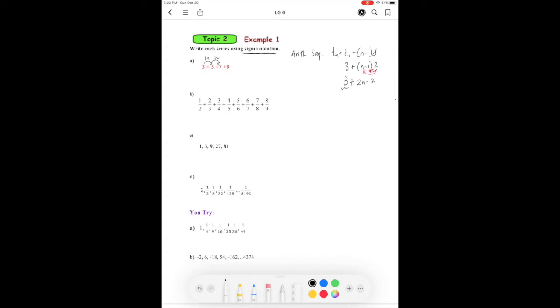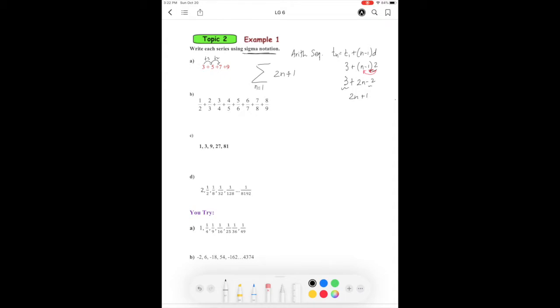All right, so we get 3 plus 2n minus 2. And so these guys are like terms. So I have my equation as 2n plus 1. So we have the summation, and we got our equation, 2n plus 1. And where am I starting off? Well, you can put n is 1, right?